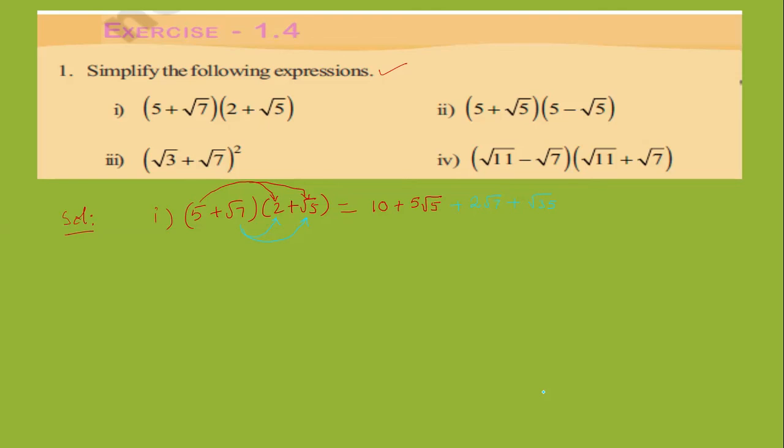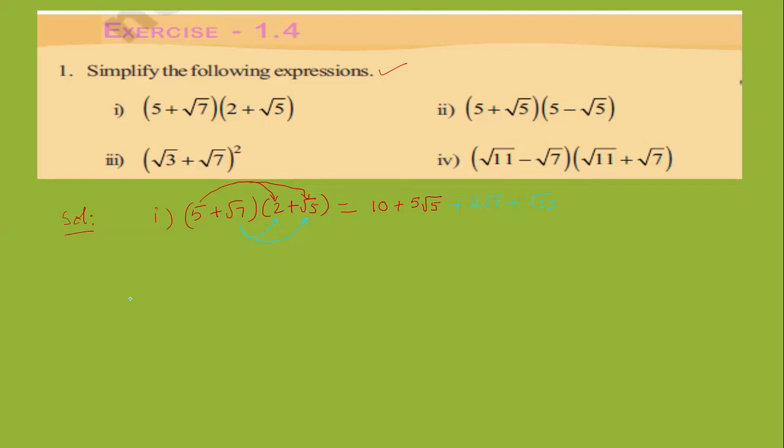That's over. It is the simplified form of the given expression. Why? Here there are no common factors in the product. So it's over.